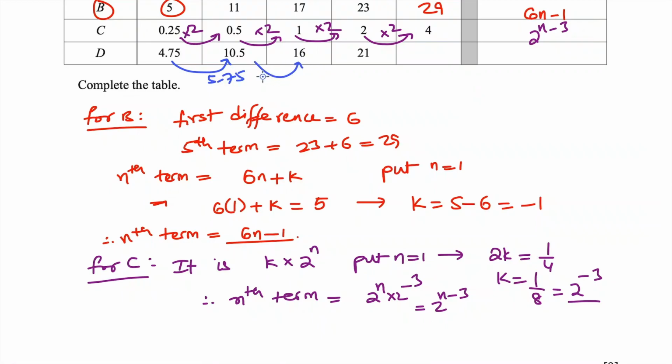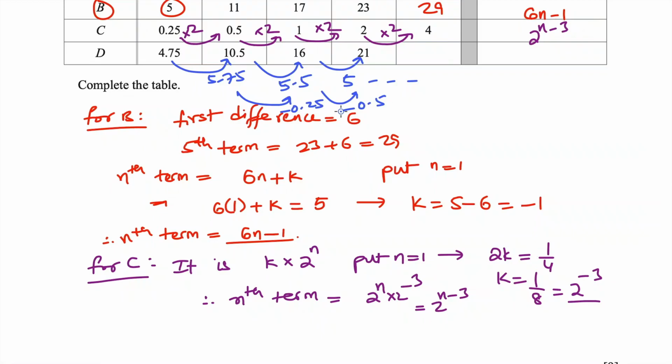Here the difference is 5.5. Here the difference is 5. And so we can't see any pattern. If again I go for the other difference, it is minus 0.25, minus 0.5 and so on. So these are the first differences, second differences and all.